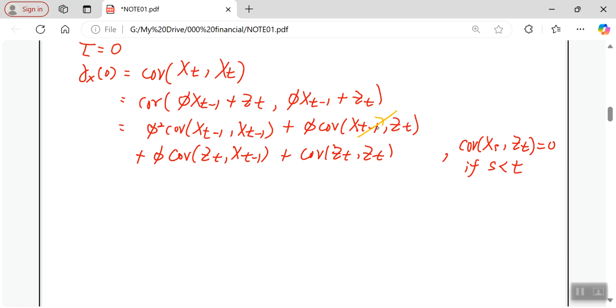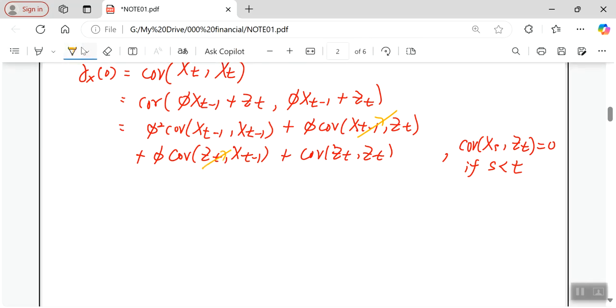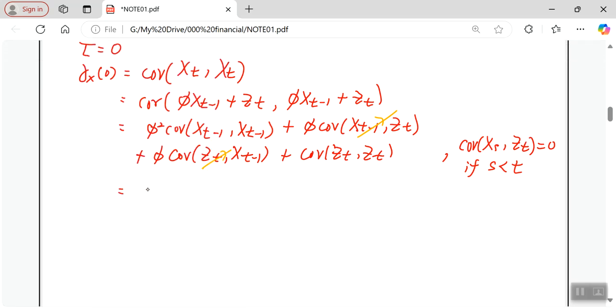So this covariance will be 0. This one is the same thing, Xt minus 1 and Zt.